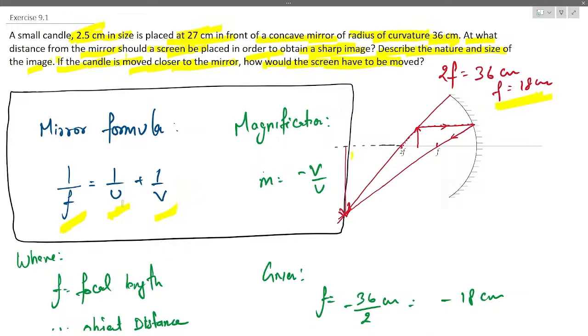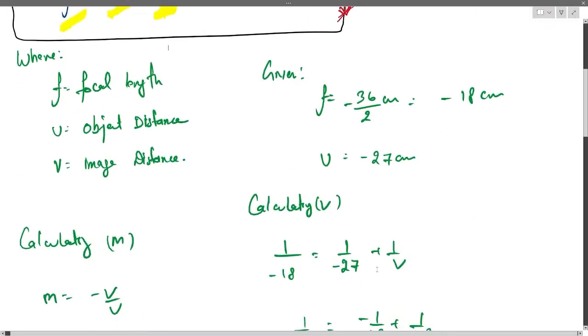The object is in front of the mirror, so u is going to be negative, that is minus 27 centimeter. Using this formula, we can calculate the value of v, because only v is unknown. After we get the value of v, we can use it in the formula of magnification. Magnification is minus v by u, where v is the image distance and u is the object distance. So let's calculate the value of v first.